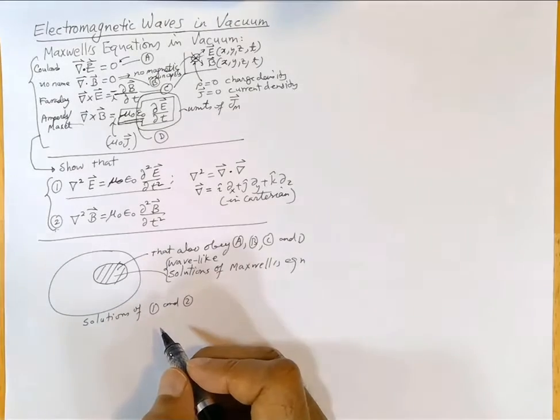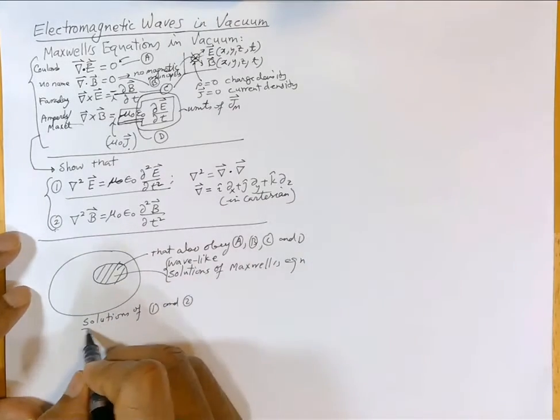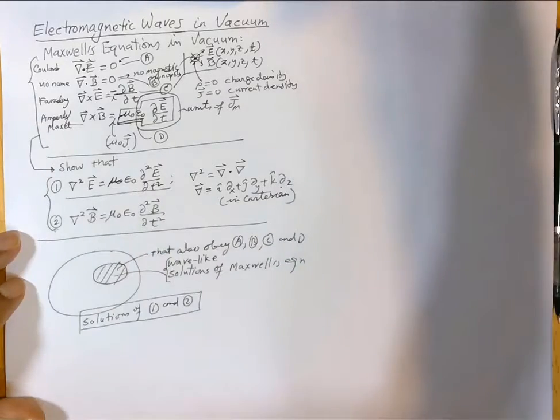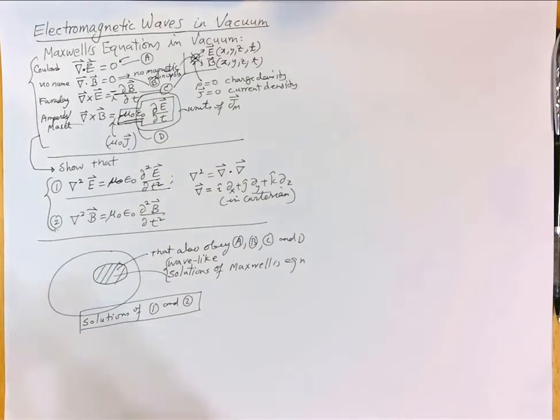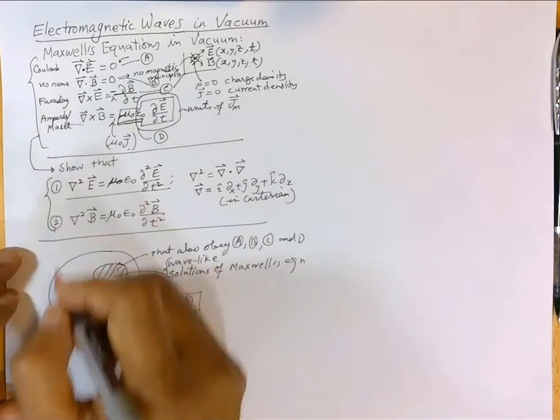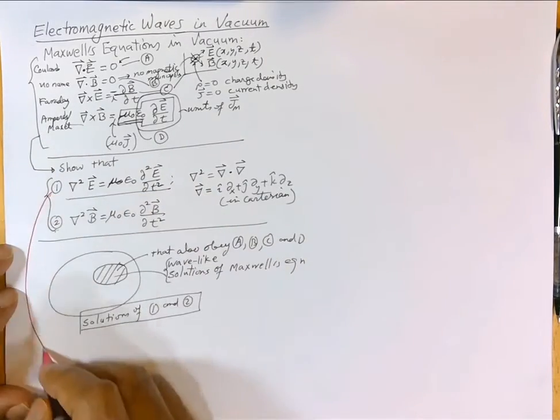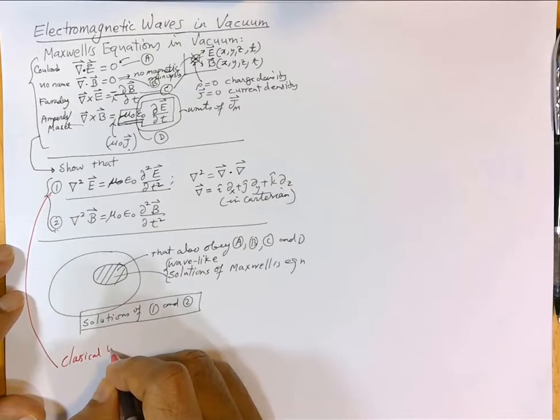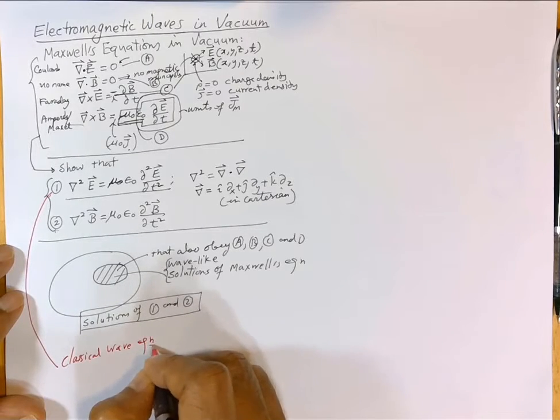Let's look at what we want. So what will solutions 1 and 2 be? Because 1 and 2 are classical wave equations.